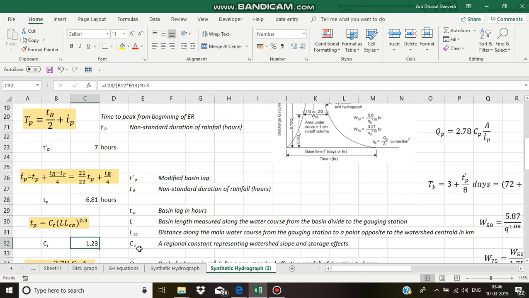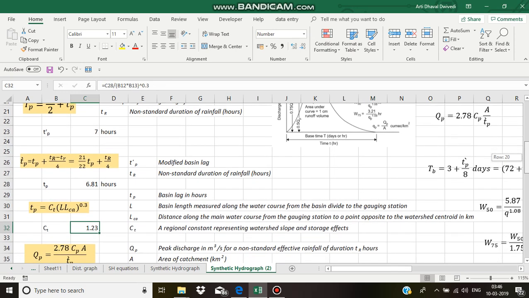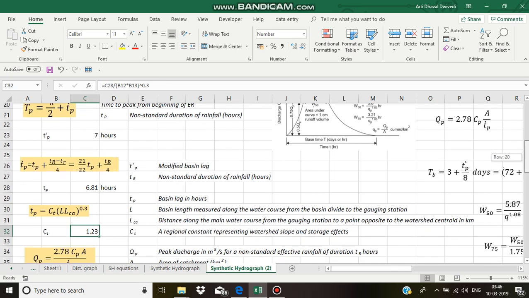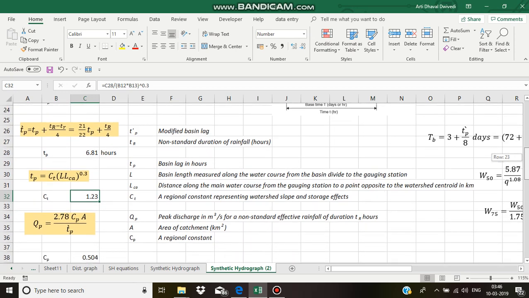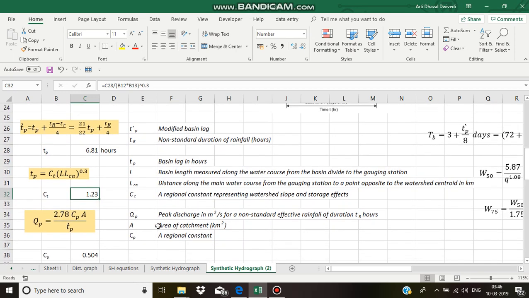Okay, CT is the regional constant representing watershed slope and storage effects. So CT has been obtained. Now we'll calculate CP, also a regional constant. Now QP was already given in the problem. Peak discharge, it was 45 meter cube per second.